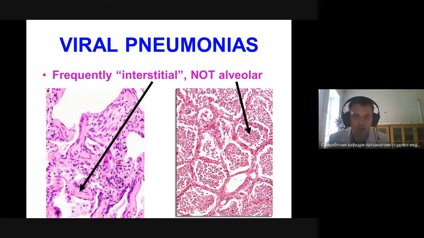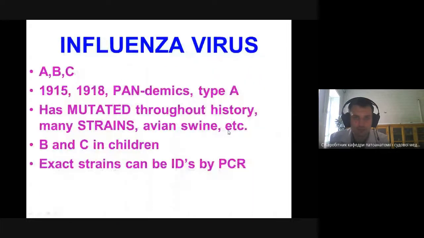Viral pneumonias are frequently interstitial, not alveolar. So oftentimes they are in the walls of alveoli, whereas bacterial processes are in the lumen.